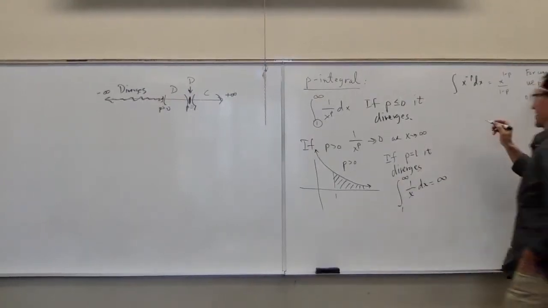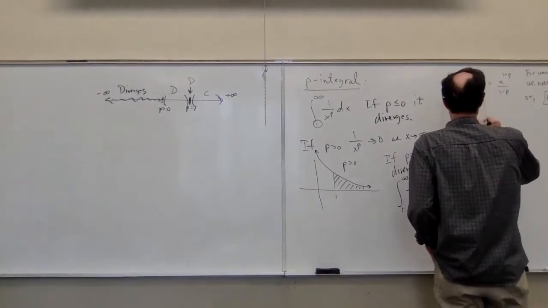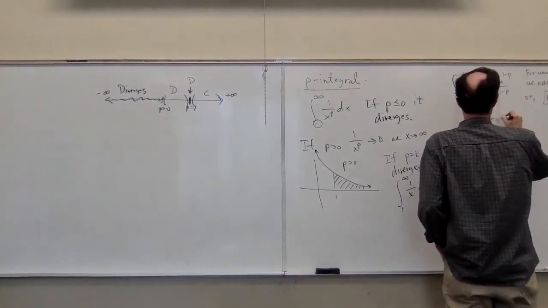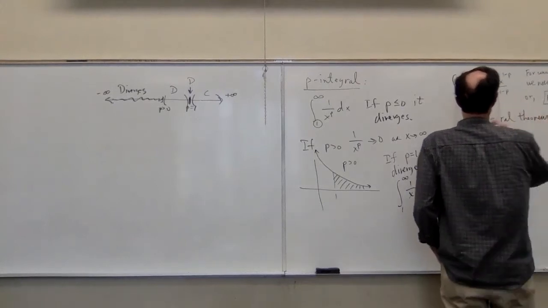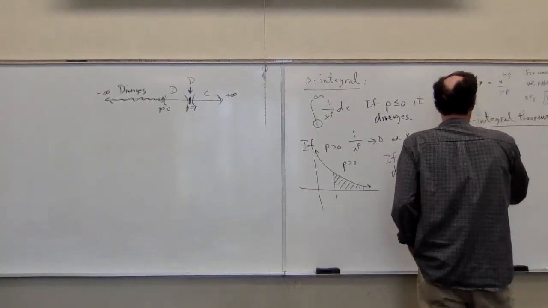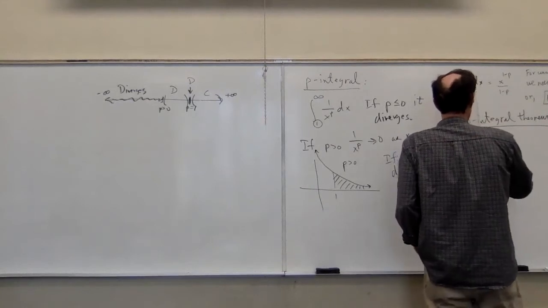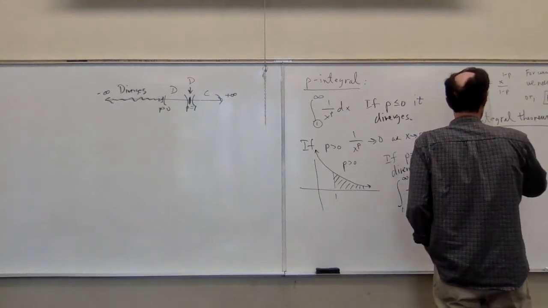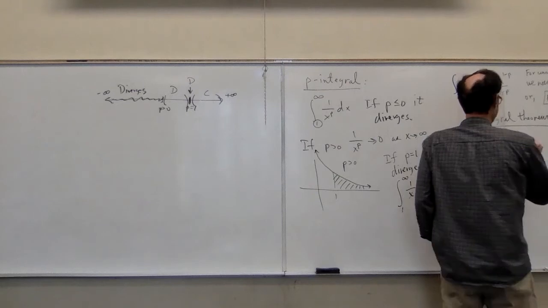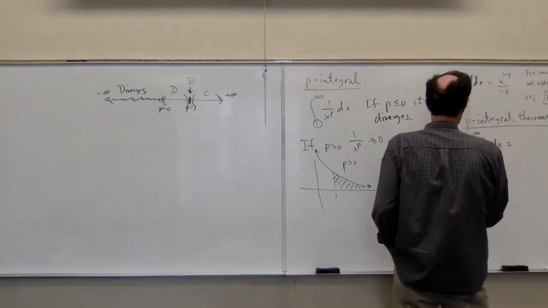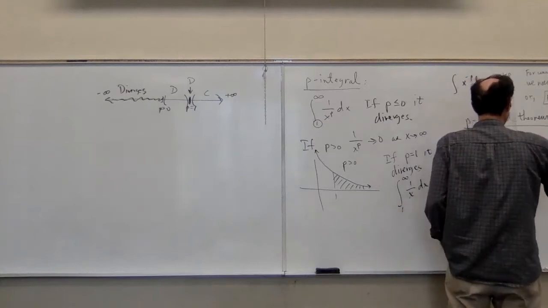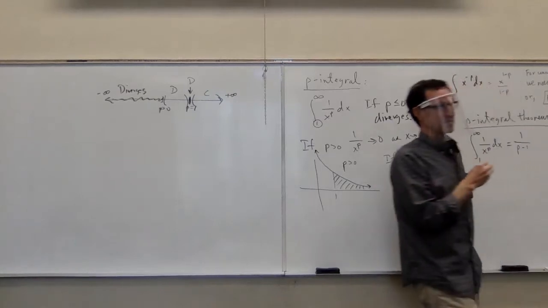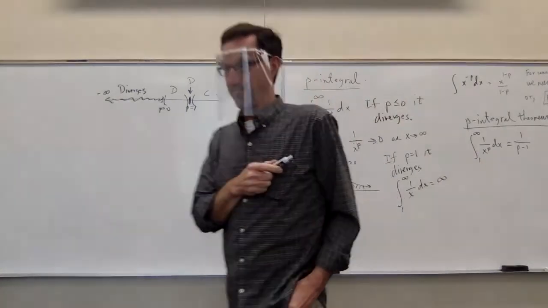So let's summarize with what we're going to call the p integral theorem. The integral from 1 to infinity, 1 over x to the p dx converges. In fact, I can even write a formula for it. I haven't shown you this in class, but it's true.